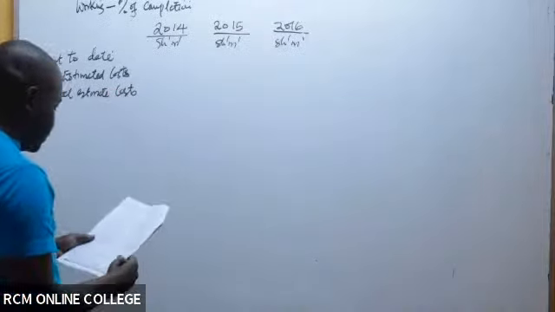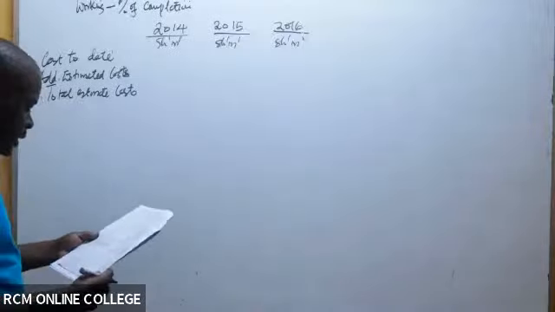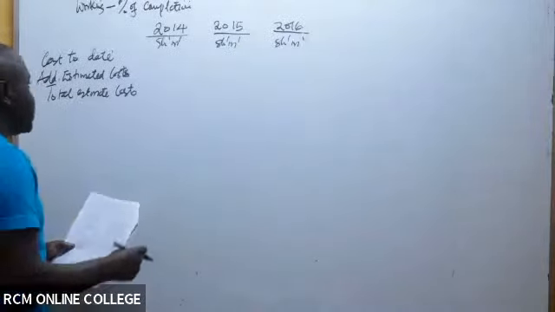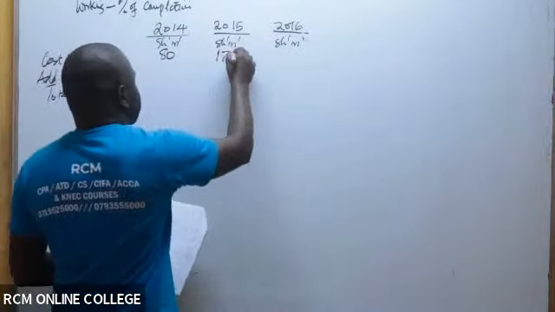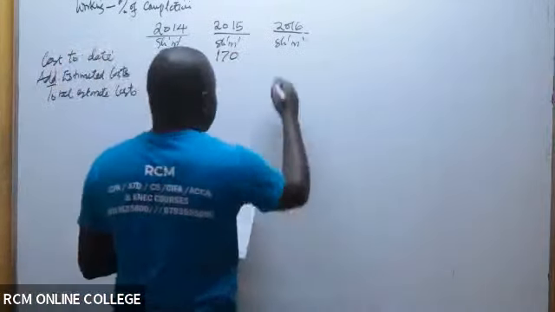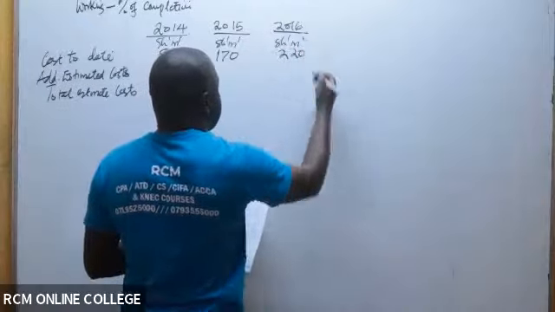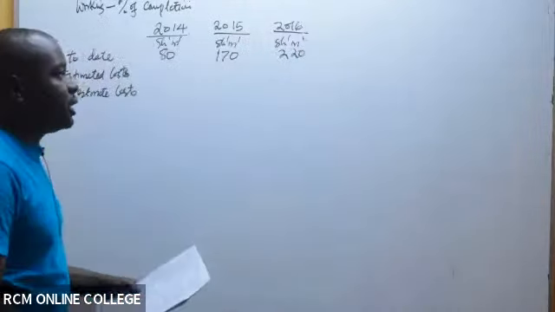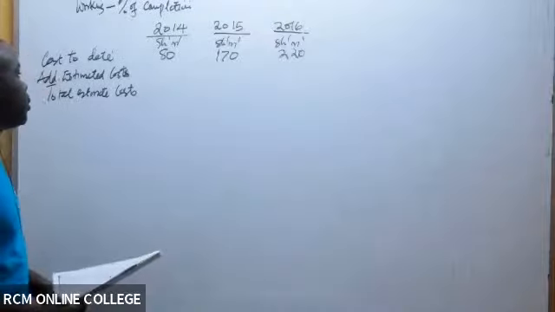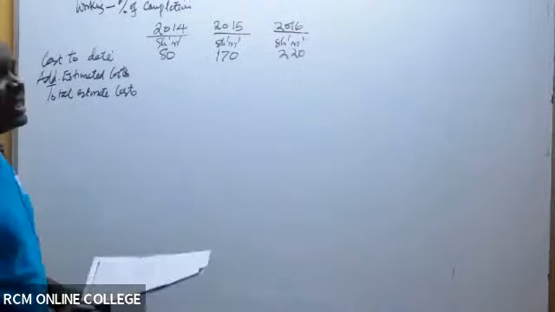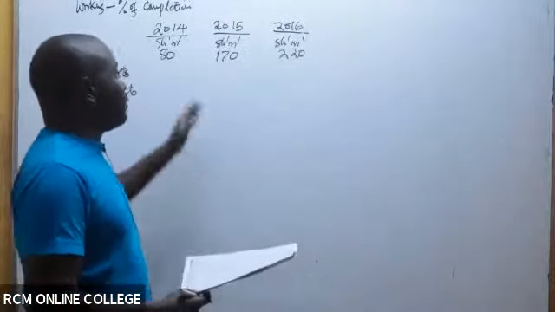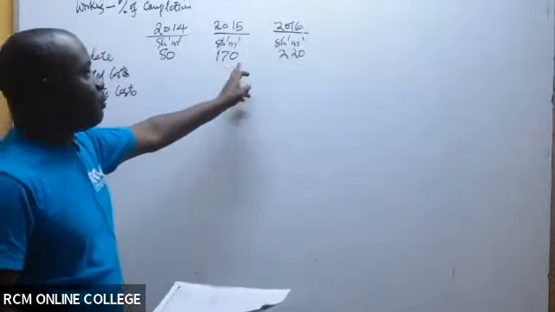And in this case, in the question, the cost incurred to date you have already been given. This one is 80, this one is 170, and this one is 220. Remember, I told you in the previous question we had, we were not given the costs to date. We were just given the cost incurred in the year, so we had to sum up to get the second year and the third year.